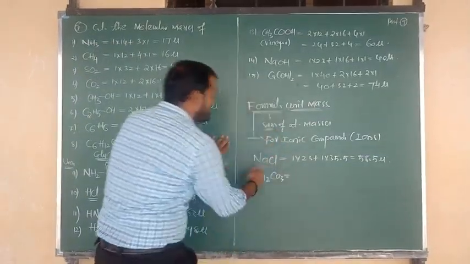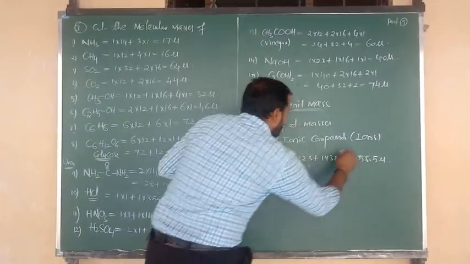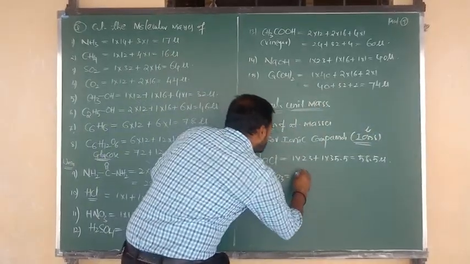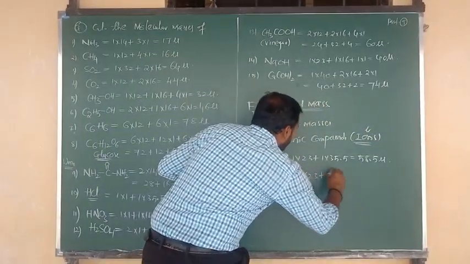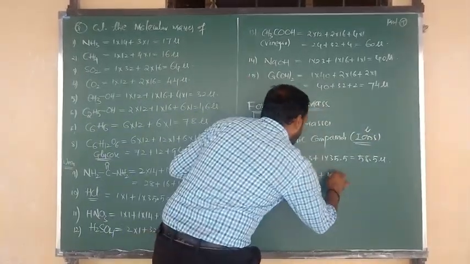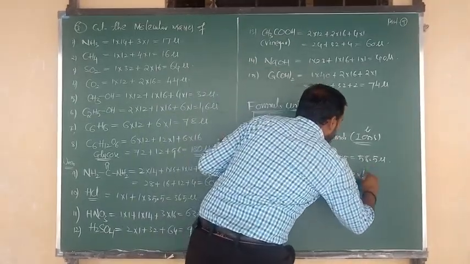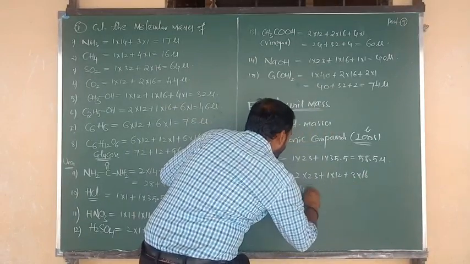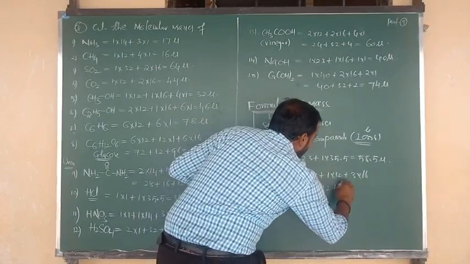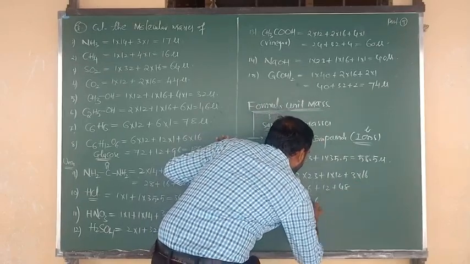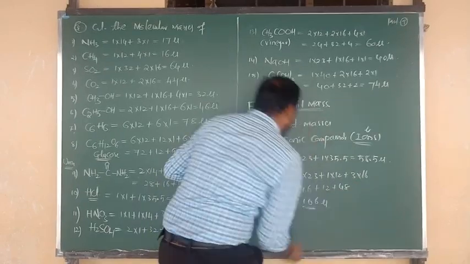It is also the same thing, plus and minus is there, and the constituent particles are ions, so we use the formula unit mass. So 2 sodiums, 2 into 23, plus 1 carbon, 1 into 12, plus 3 oxygens, 3 into 16. So 46 and 12 and 48. Total is equal to 106 unified mass.